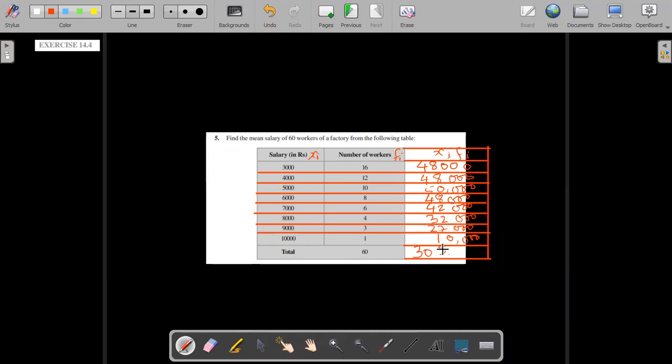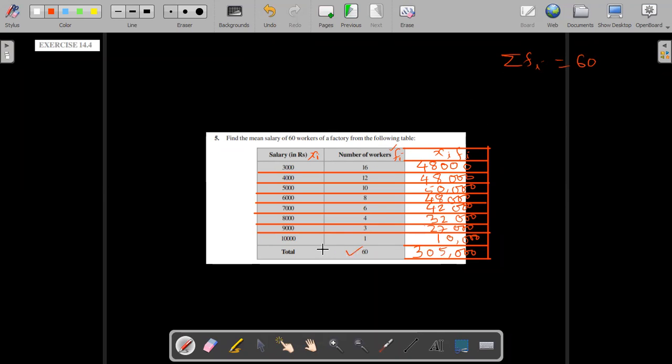You can also check, this is coming 305,000, 3 lakhs 5,000. This is sigma xi fi. Sigma fi means summation of fi, which is 60.